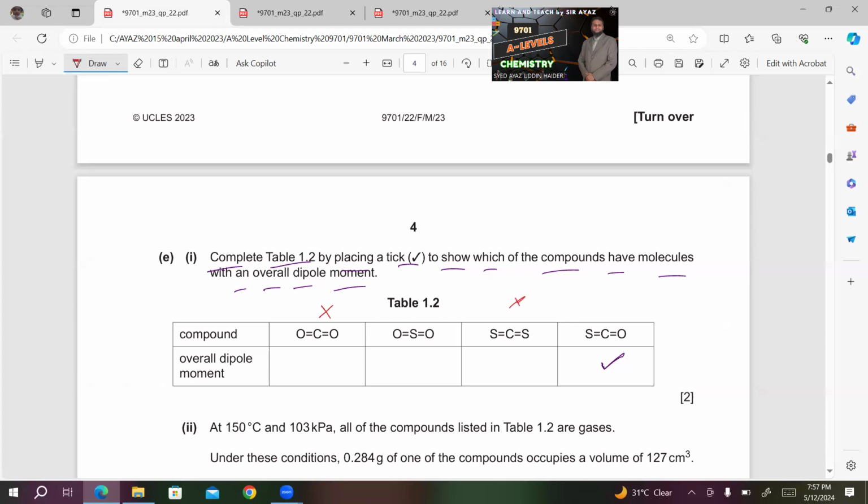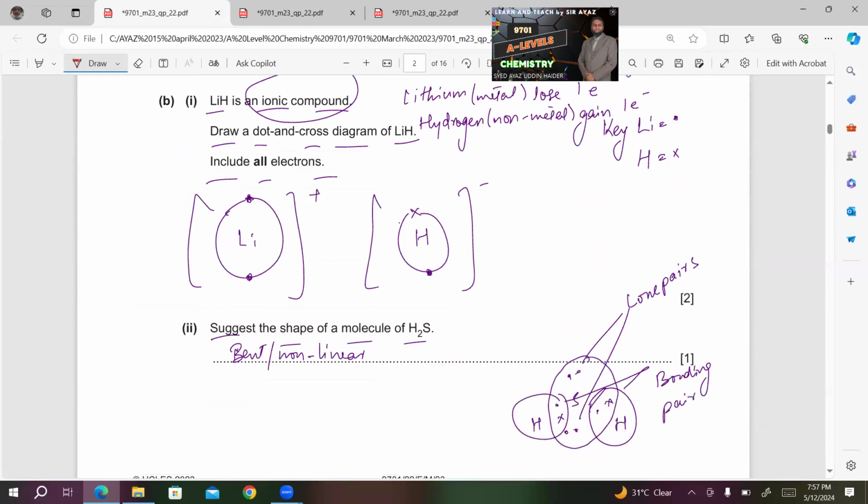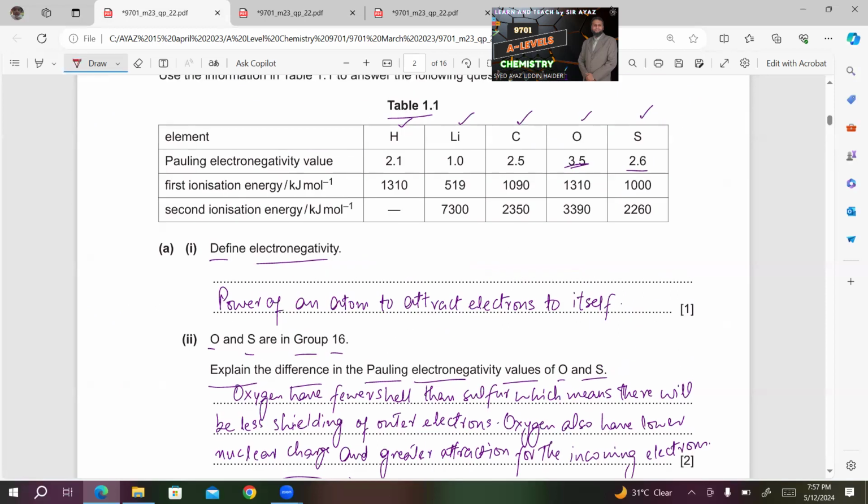What about SO2? Look at the difference for SO2, that's 3.5 and 2.6. There must be a dipole. The reason is that sulfur is large, it's in the third period compared to oxygen.